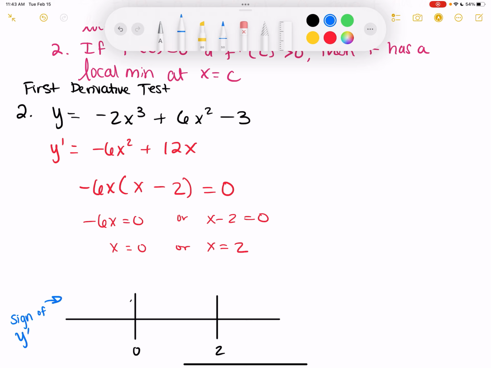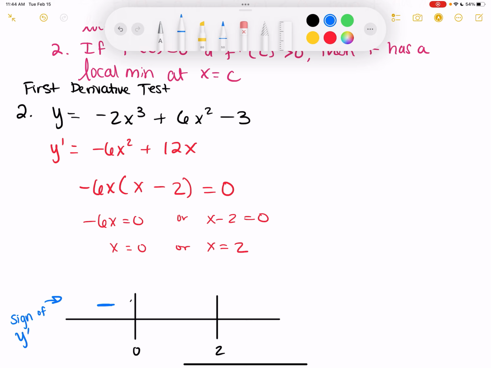So when I plug in, let's say negative 1, because that's a number over in this region, that's easy. When I plug negative 1 in up here, is my result going to be positive or negative? This is going to be negative 6 minus 12, so it's going to be negative. I don't care what the number is, I just care if it's positive or negative. And I always try to pick the easiest number. So in this middle region, I'm going to pick 1.